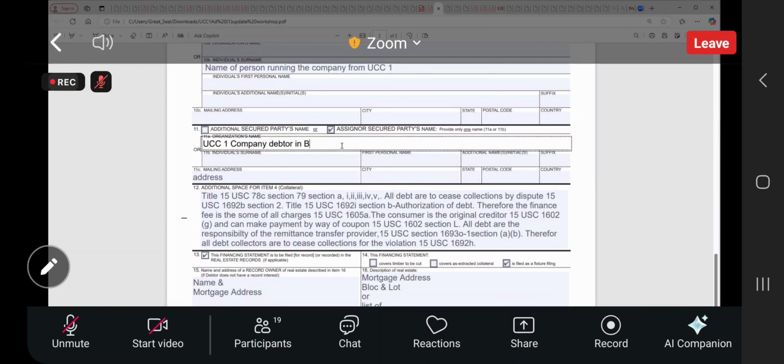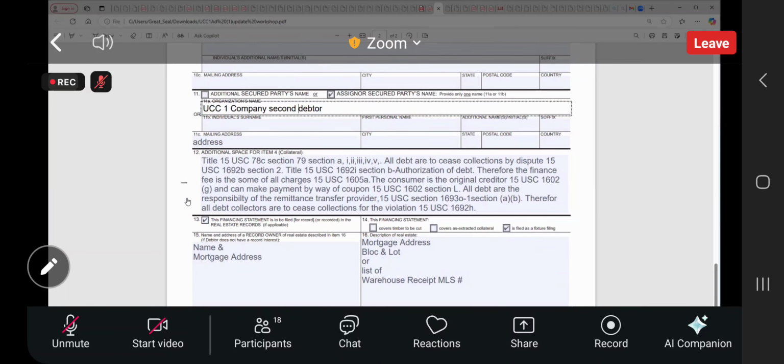Should I, you know what? No, I ain't gonna say box 2 because that's gonna confuse people. Second debtor. How about that? Second debtor. All right. Second debtor from UCC 1. I like it like this better.